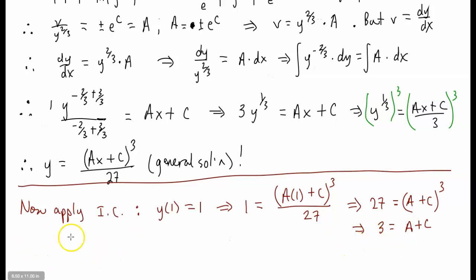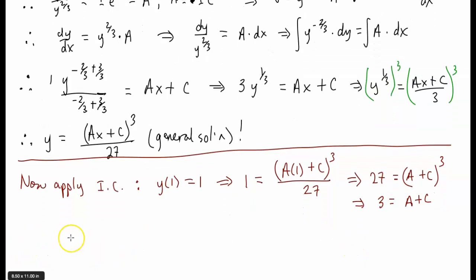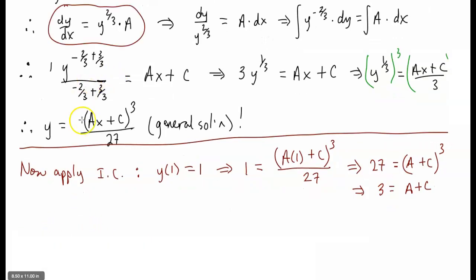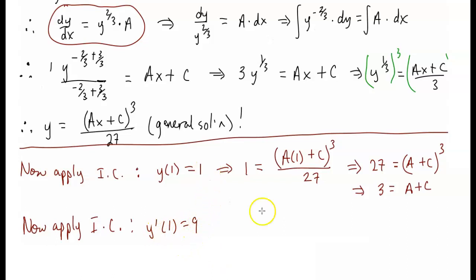If we apply the next initial condition, then of course we'll get another equation in terms of a and c, and then we'll be able to find out what a and c are. So for our next initial condition, we're now going to apply this one: y prime of 1 is equal to 9. So we need to find out what the derivative of y is with respect to x.